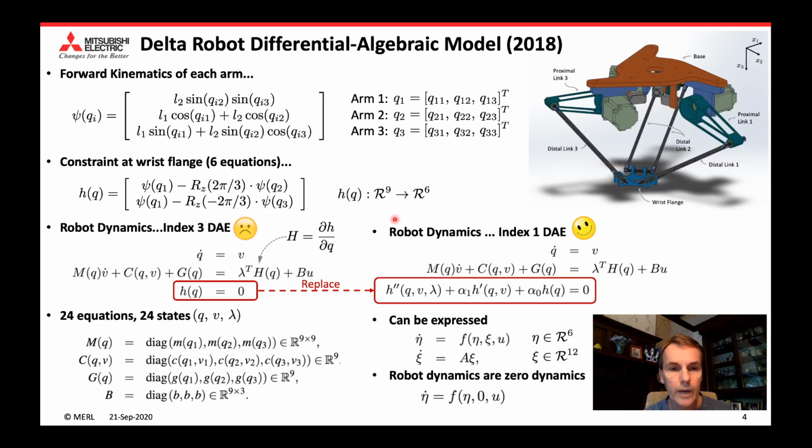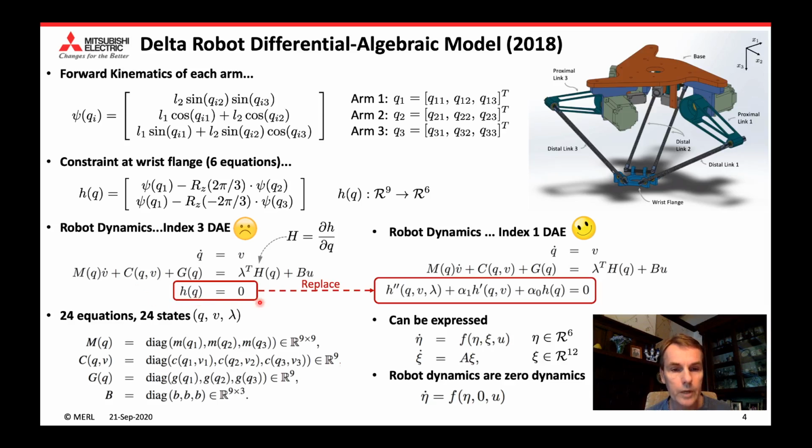However, we can model this as basically a high-index differential algebraic equation where we model each arm independently as an open chain and then model the holonomic constraint here as 6 algebraic equations. And you end up with a model that looks like this.